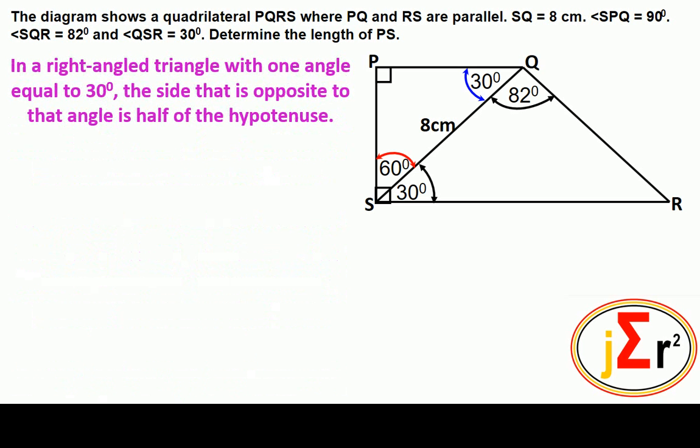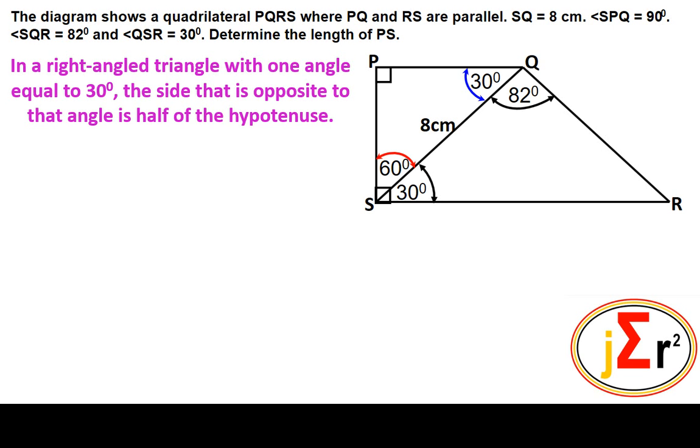In a right-angled triangle with one angle equal to 30 degrees, the side that is opposite to that angle is half of the hypotenuse. Now, this is a simple bit of knowledge that we can apply. Look at the diagram and figure out what one side is.